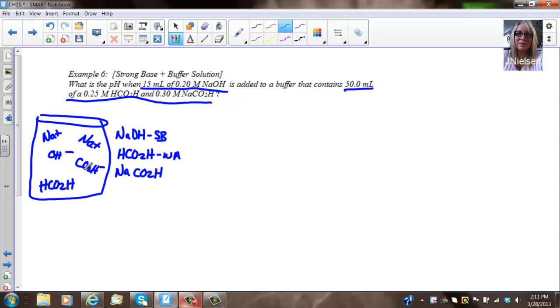So what's going to happen here, my acid is going to react with my base. Remember my original equation that I showed you earlier, HX plus base is going to yield, do you remember? X minus and H2O.